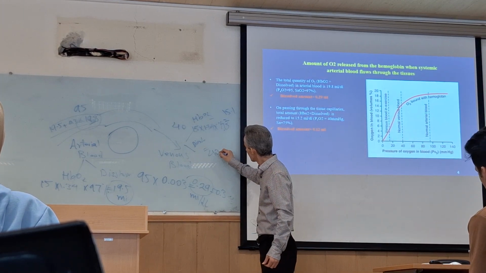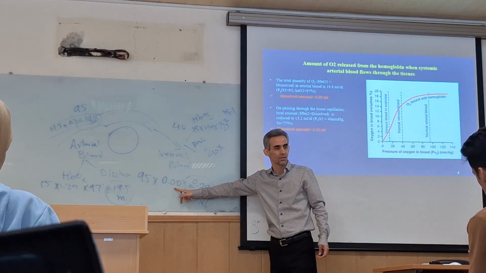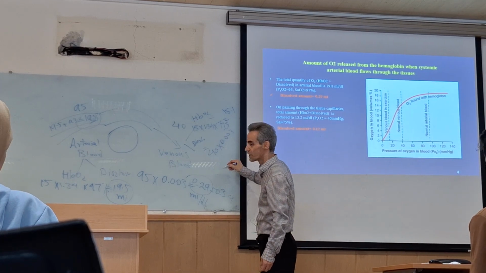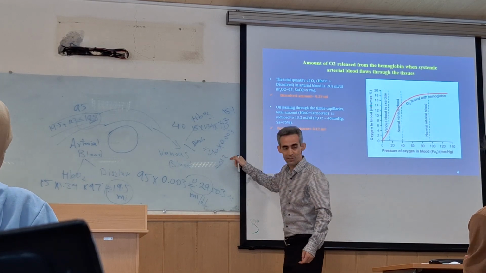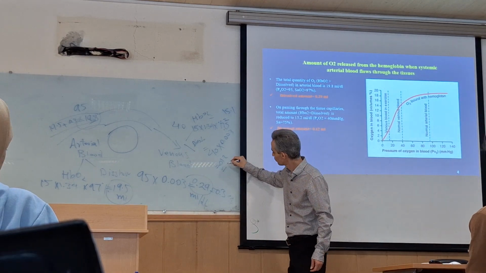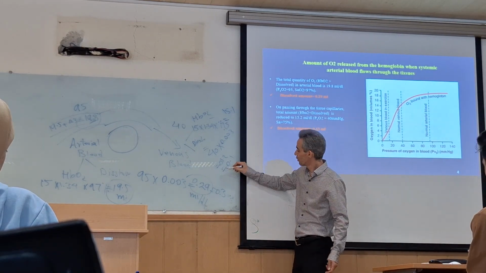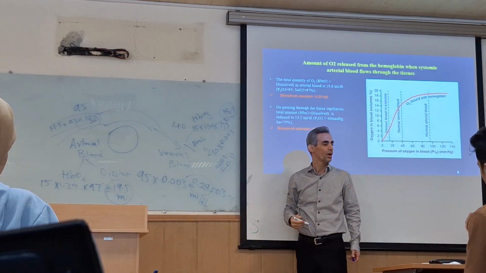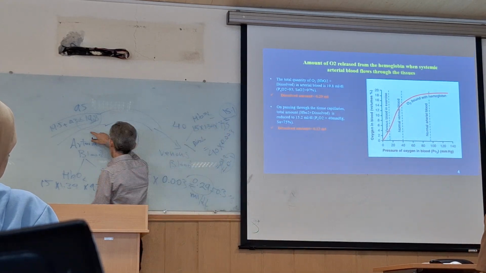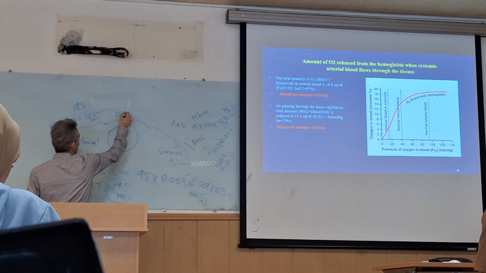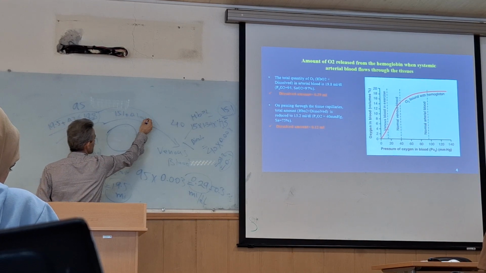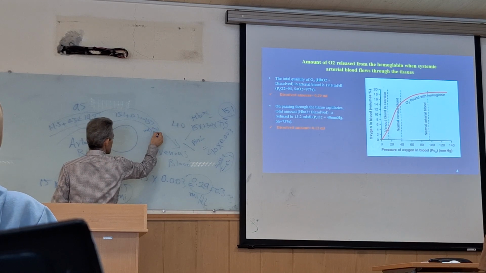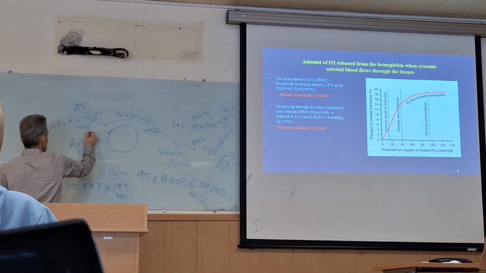Here 40 multiplied by the same solubility coefficient, 0.03, you reach 0.12, and I can round this to 0.1 as dissolved. 15.1 as oxyhemoglobin plus 0.1 is 15.2 milliliter of oxygen per each deciliter.